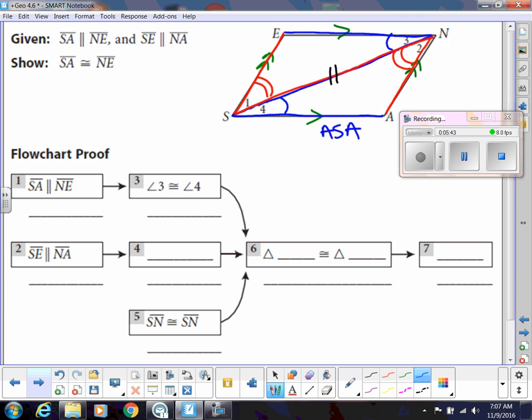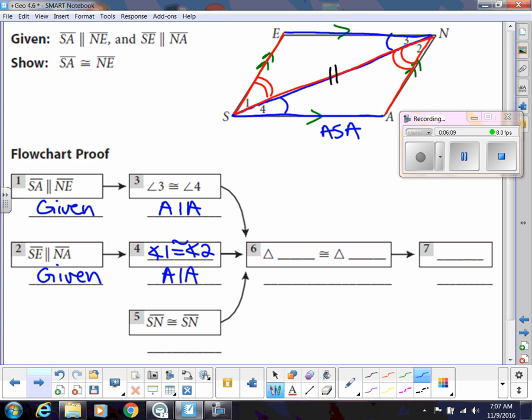Okay, so this was given. SA is parallel to NE, and so is this. And we said that angles 3 and 4 were congruent by alternate interior angles. And then we also said that angle 1 and angle 2 were congruent for the same reason. And remember, if you like the two-column proof, you could say these in two steps.